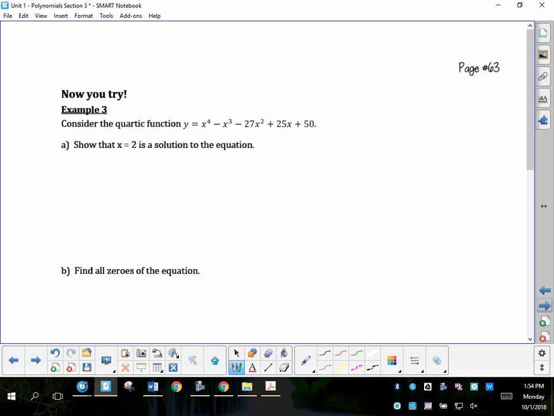Looking at what's there, how could I start off to show that 2 is a solution to that equation? What could I do to show that 2 is a solution, or how could I show it?